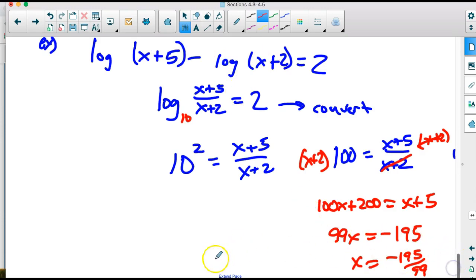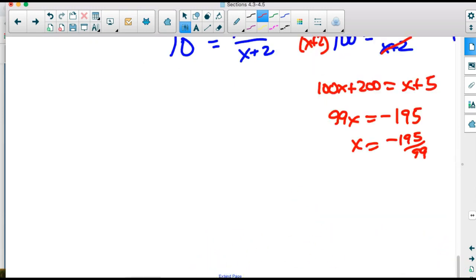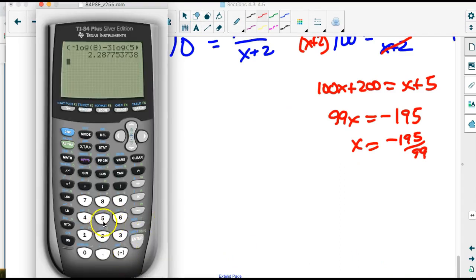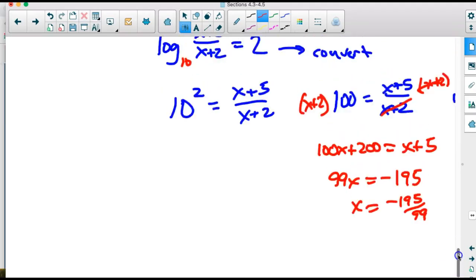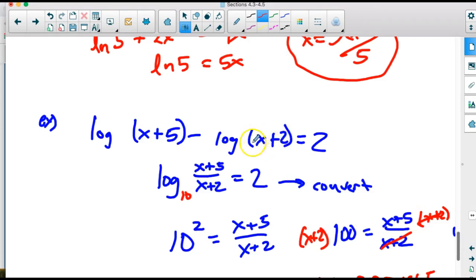So I'm just going to divide this out to see what it is. 195 divided by 99 is negative 1.96. So I think that's going to work in the problem if we put that in there, because negative 1.96 is still going to give us a positive answer there. So I think we're okay.